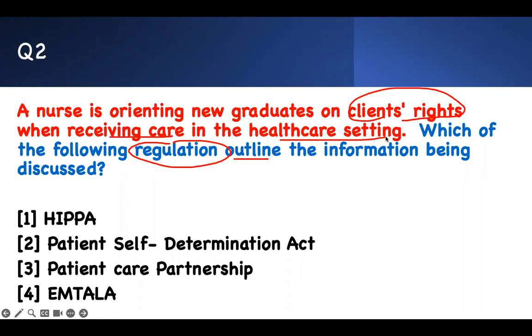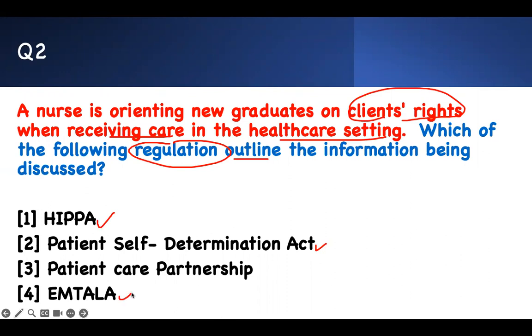Sometimes they will just define anything for you. When you're receiving care in the healthcare setting, what should define your rights? HIPAA does not define your rights. It just deals with how we can disclose your medical records, right? The Patient Self-Determination Act deals with the fact that we have to ask you whether you have advance directives.